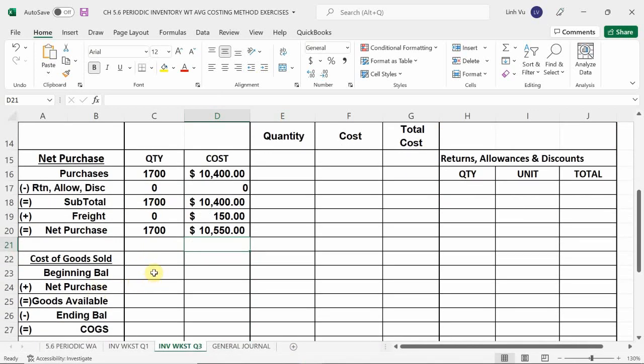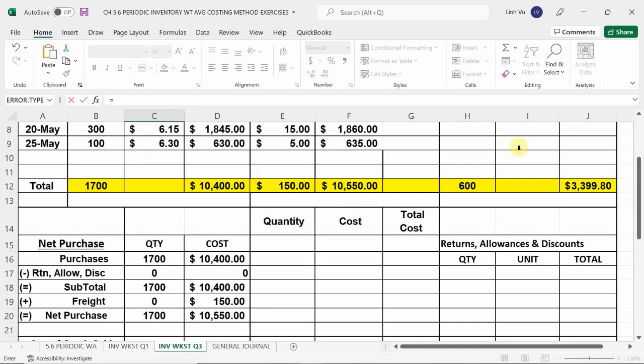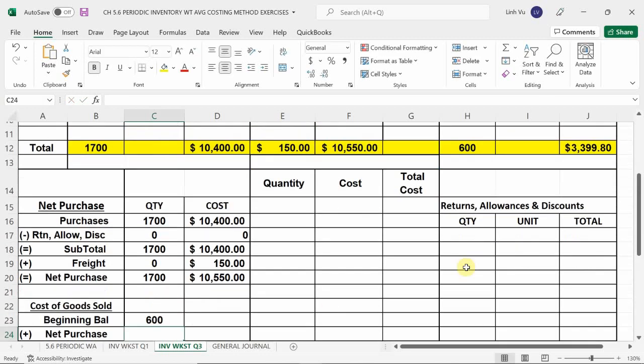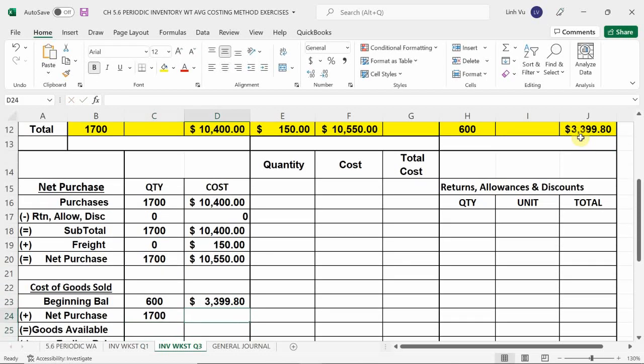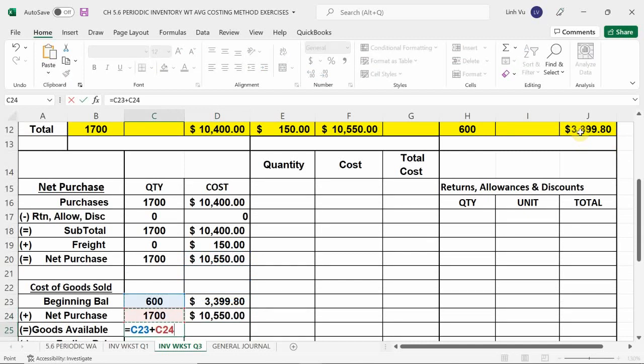This time we have beginning inventory, right? We began our inventory with the 600 units costing $3,399. We're going to carry our net purchases down, right? So then what is my total goods available?